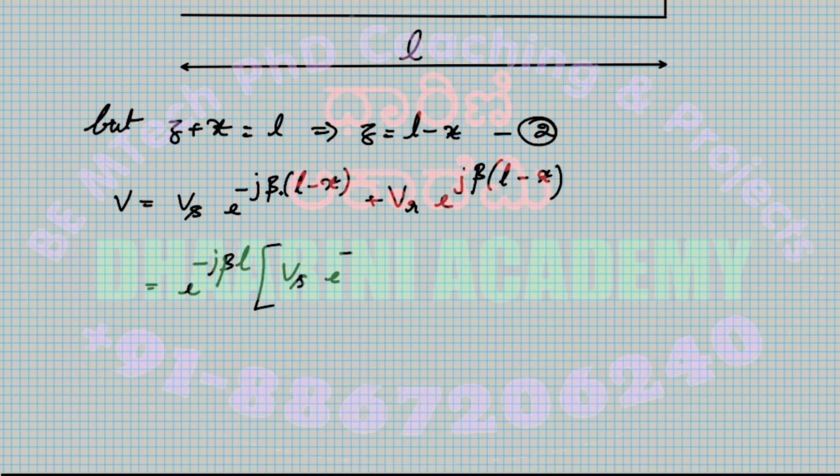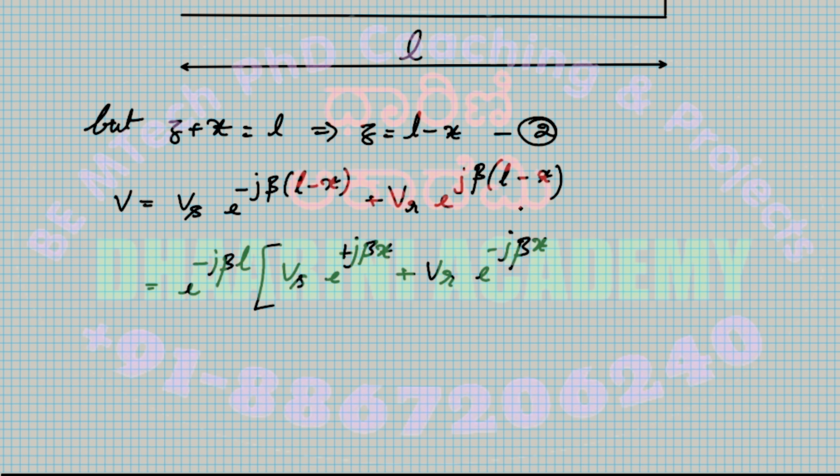I multiply e to the power minus j beta L into e to the power plus j beta X, and that is what remains, so plus j beta X. In the other term, Vr into e to the power minus j beta X.